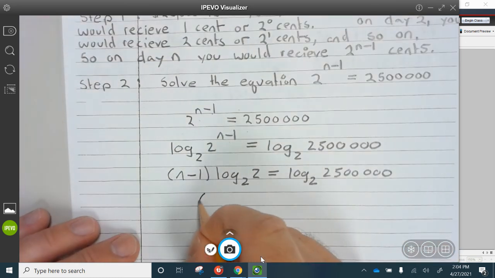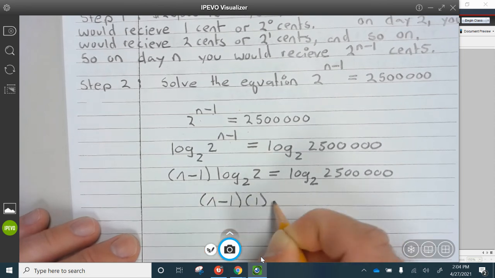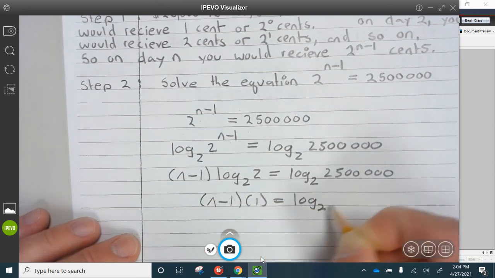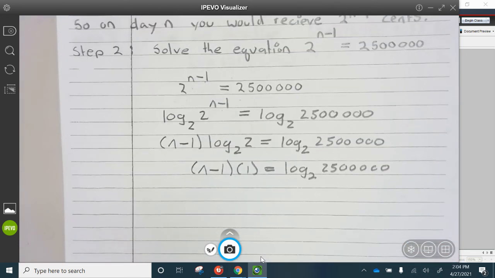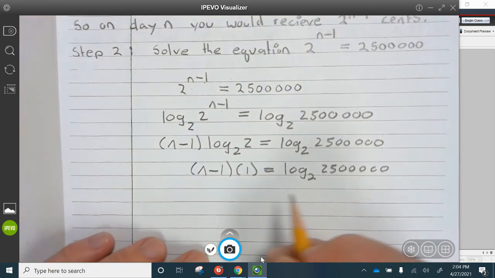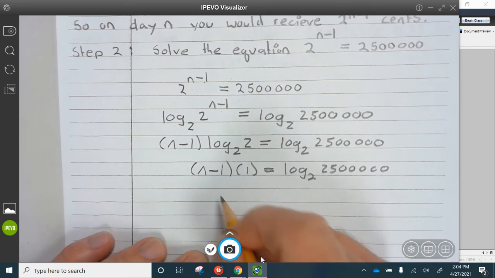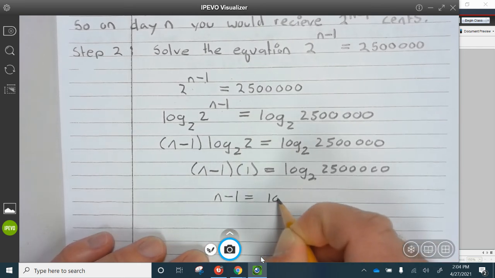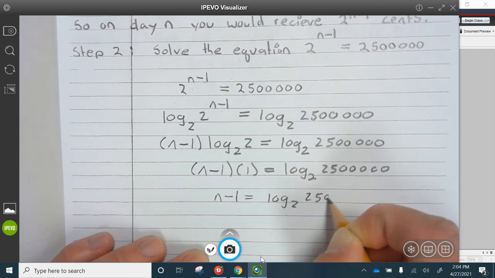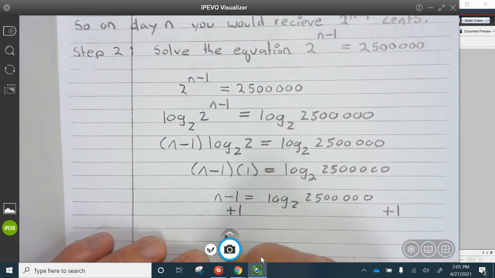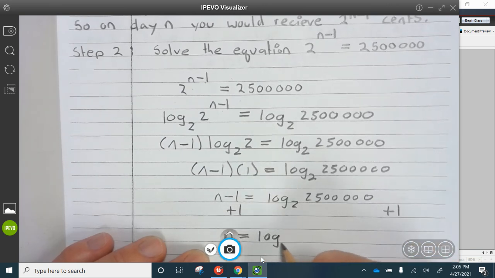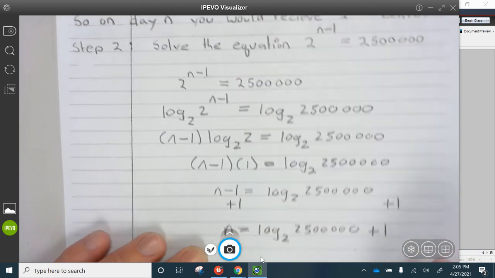Well, that becomes 1, so that's n minus 1 times 1 equals log base 2 of 2,500,000 cents. So then that's just n minus 1 equals log base 2 of 2,500,000 cents. Add 1 to both sides. So n equals log base 2 of 2,500,000 cents plus 1.